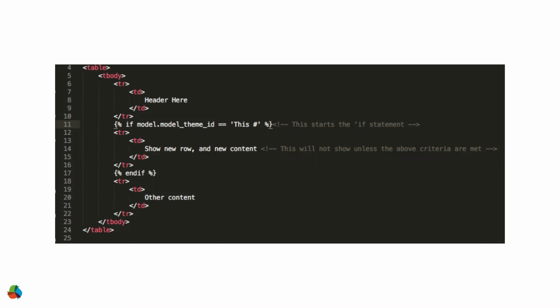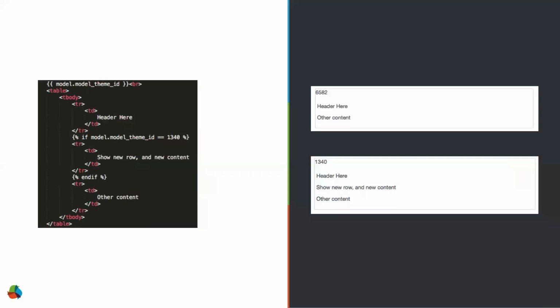I want you to take a look at line 11, as that starts our if statement. And then line 17 is the end if. On the left is an if statement to show specific data.